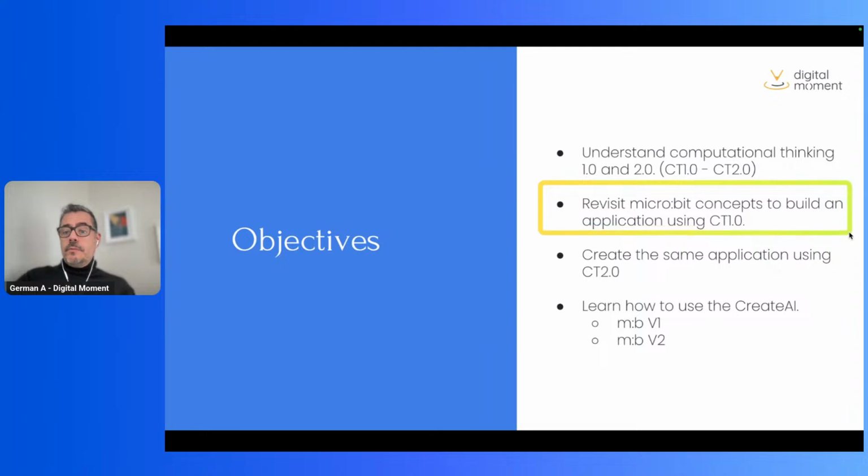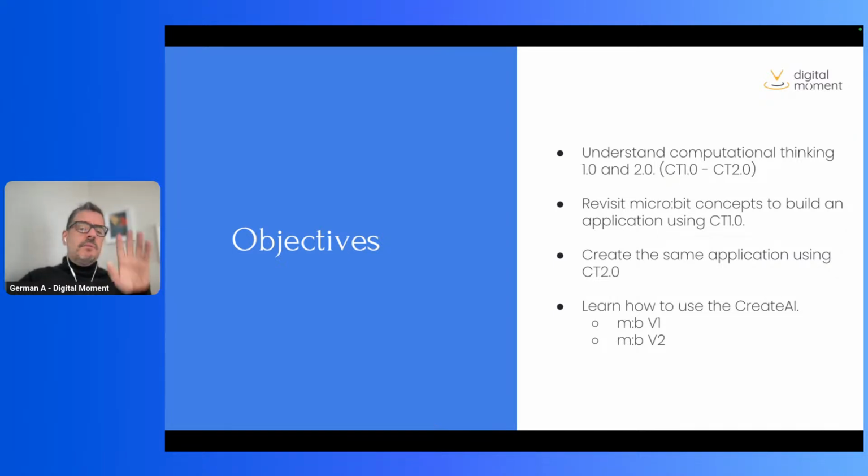In the process of exploring computational thinking 1.0, we're going to revisit fundamental concepts of the microbit. So if you don't remember, if you haven't seen them, it's going to be fine. I'm going to be talking through them, and we're going to build a very simple application that is going to help us think, how can we approach one problem?